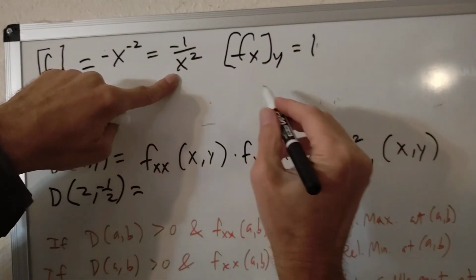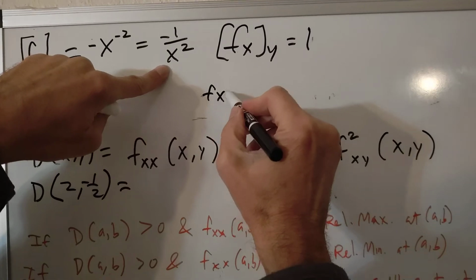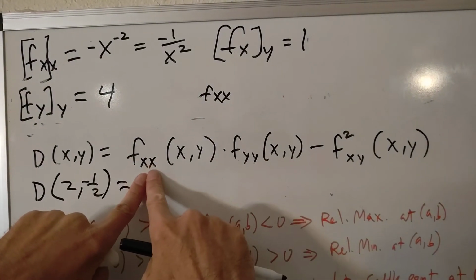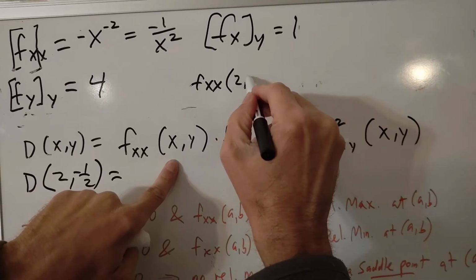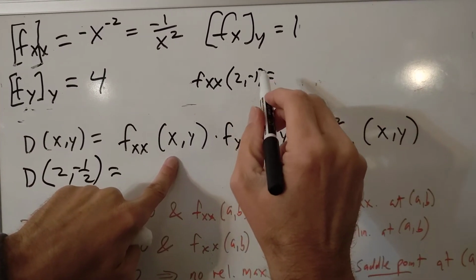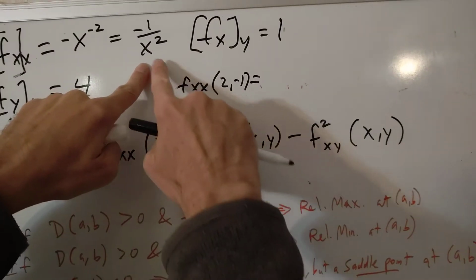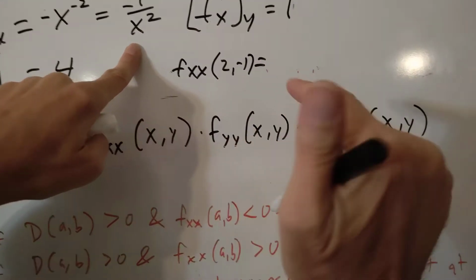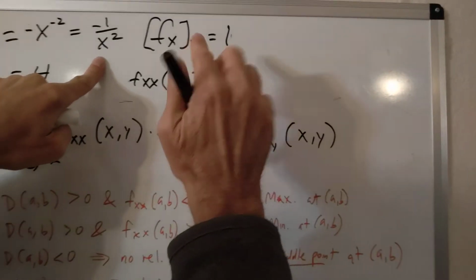So let me take my time here. Sorry, this is a little cluttered. I want to find out what f_xx is at (2, -1/2). I input this point into this expression. So it's going to be -1/2. Yeah, -1/2, thanks, Doug.